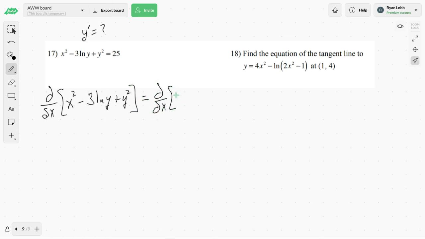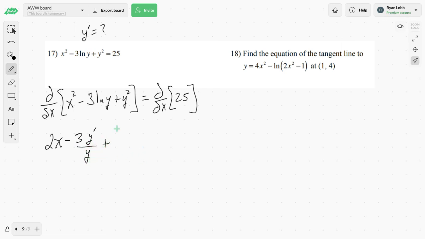So now we're combining derivatives of logarithms, and then we're going to have elements of implicit differentiation. What's the derivative of x squared with respect to x? 2x. Minus, what's this derivative? ln of y with respect to x. Variables are different. So what's the derivative of the stuff, y, with respect to x? That's going to be y prime, derivative of the stuff over the stuff, y, over y.